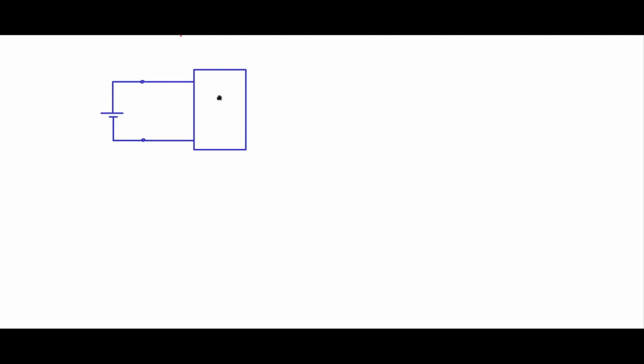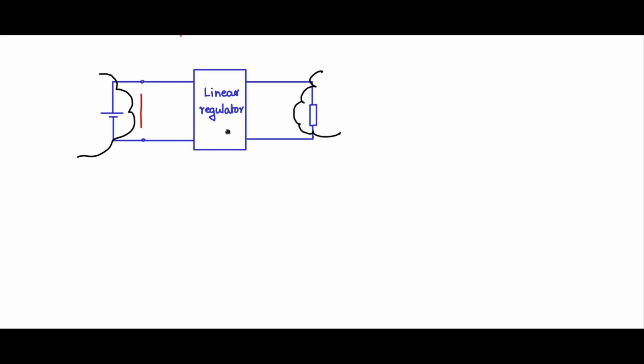Now this is given to the linear regulator and then further to the load, and this will be the regulated output. So the operation and the design of this linear regulator is what we will be looking at. We'll call this Vi for the linear regulator, and this is the V naught.